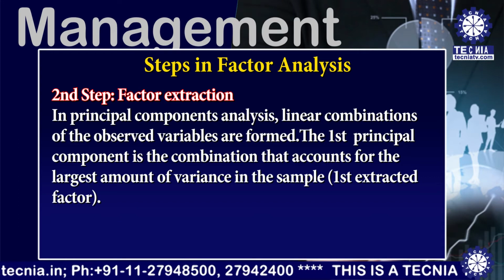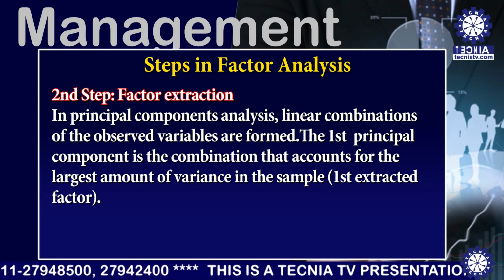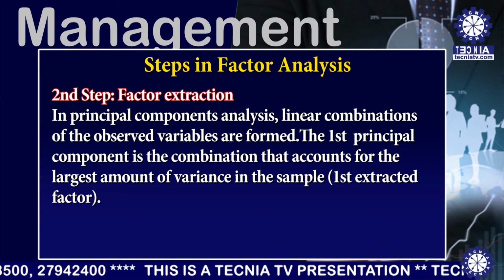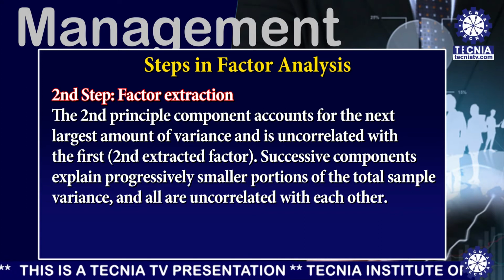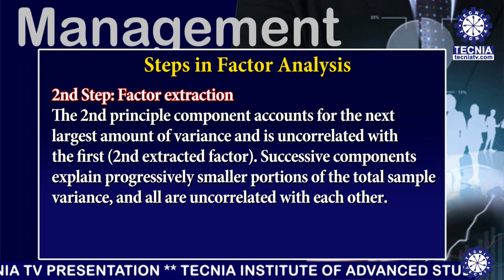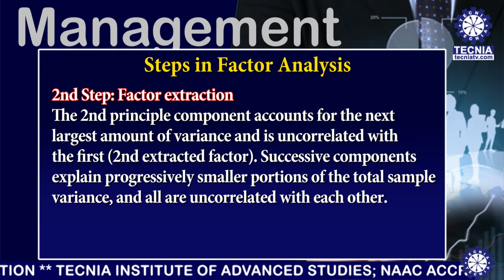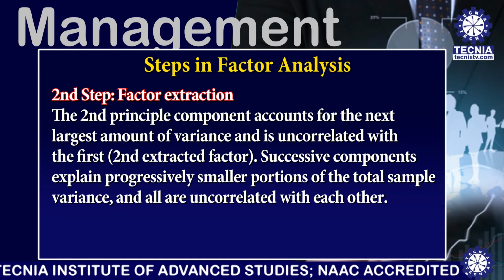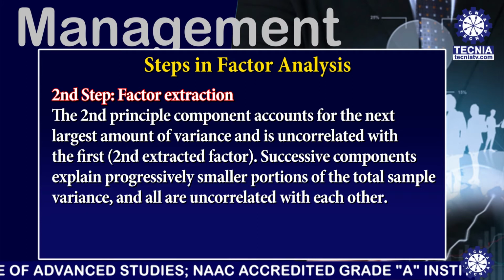The first principal component is the combination that accounts for the largest amount of variance in the sample. The second principal component accounts for the next largest amount of variance and is uncorrelated with the first. Successive components explain progressively smaller portions of the total sample variance and all are uncorrelated with each other.